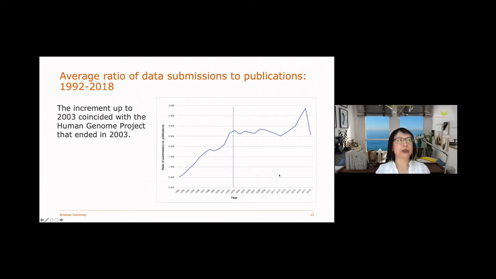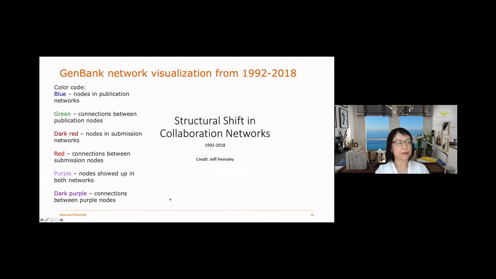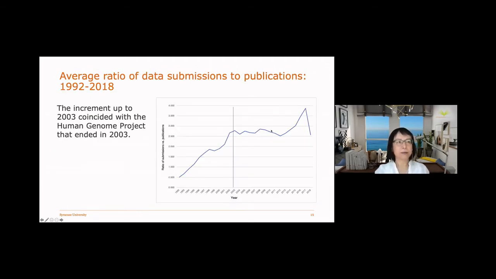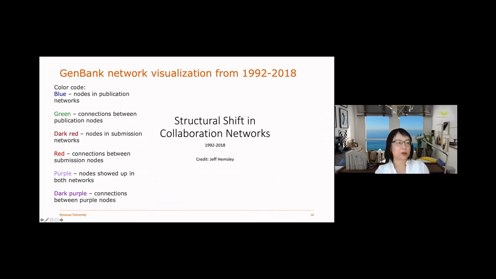And for the average ratio of data submissions to publications, before 2003 the trend is very clear, it increased very fast. And after 2003, it became leveling off, and that pattern is quite interesting too. And here is the structural shift in collaboration networks. I'm going to play this, which is a little bit over 1 minute.